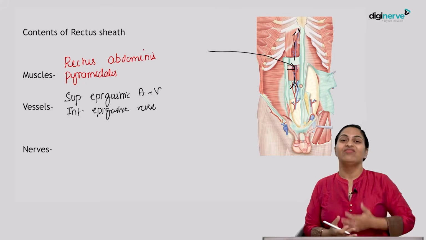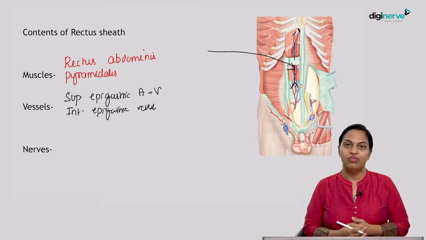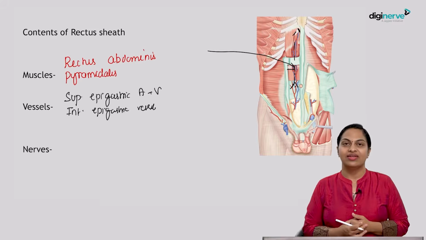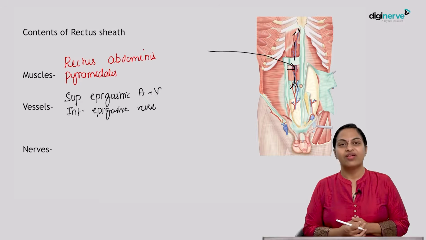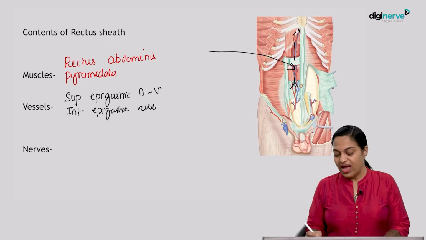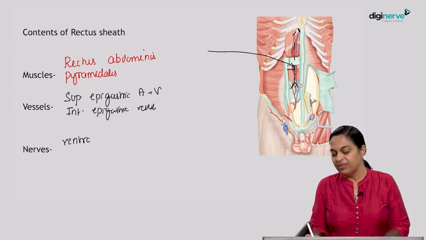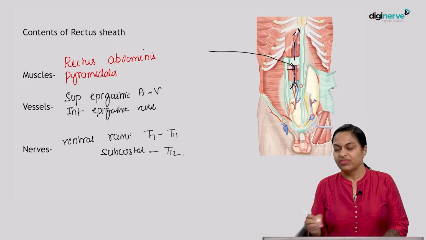The inferior epigastric artery is a branch from the external iliac artery. The other branch from the external iliac artery is the deep circumflex iliac artery. Okay, and then the ventral rami of T7 to T11 and the subcostal nerve, that is T12, right?